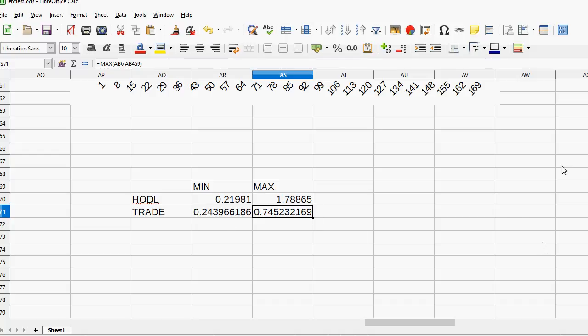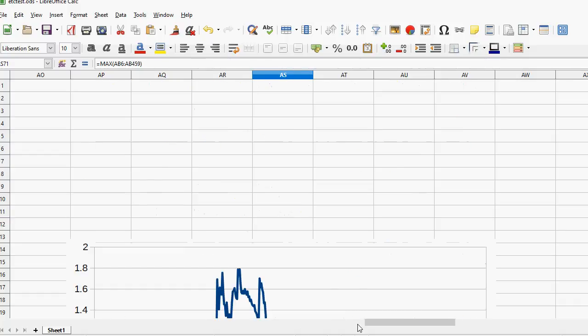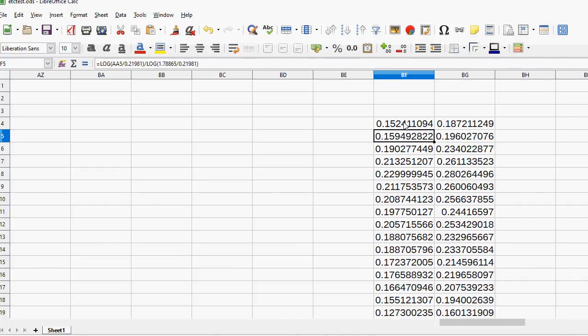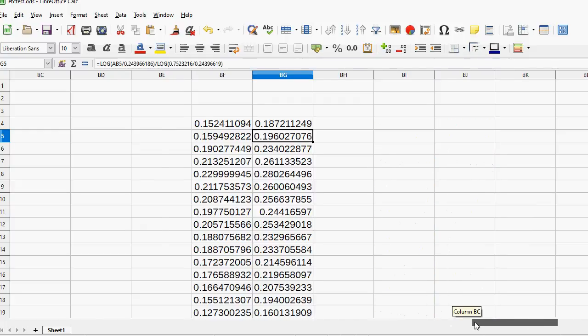And that gives you how much on a logarithmic level it has retraced between the lowest and highest variables. So within such, I was able to do some more calculations in here. This is using the log scales, which I did for both of them. And I was able to then create a chart.